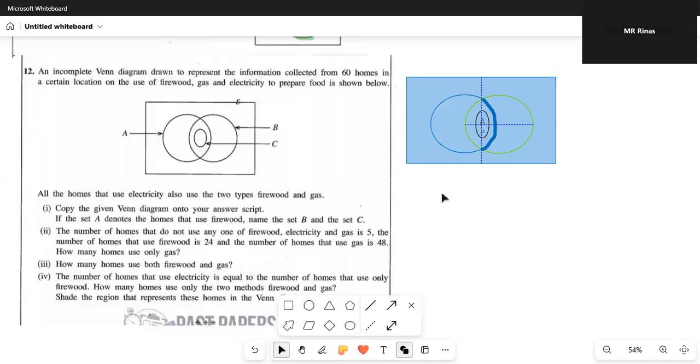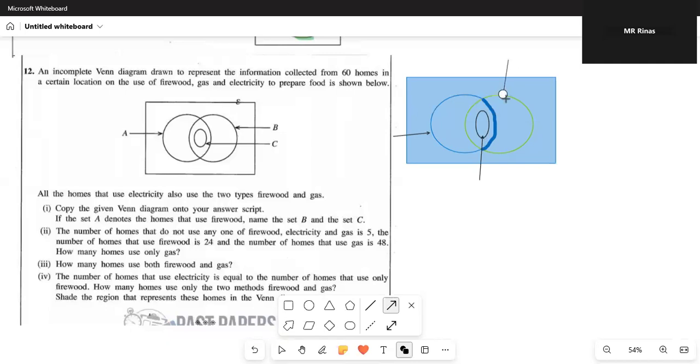Okay. Then they have mentioned circle A, again we have to take this circle, right?